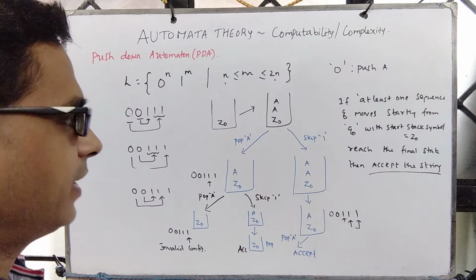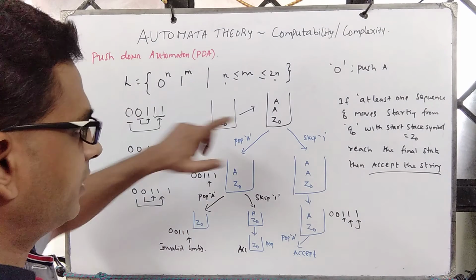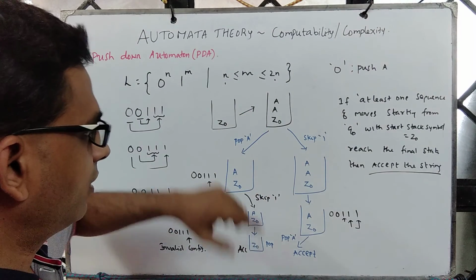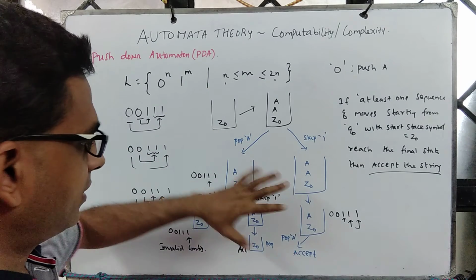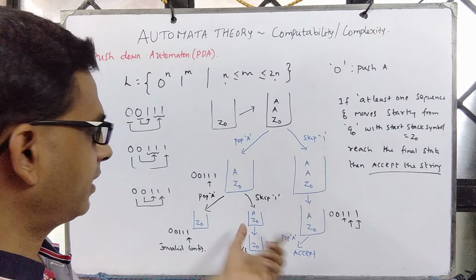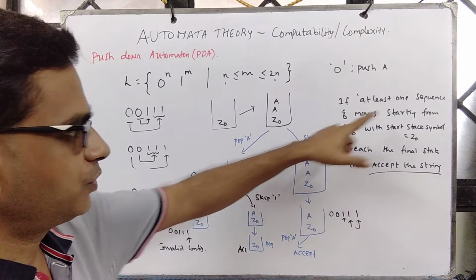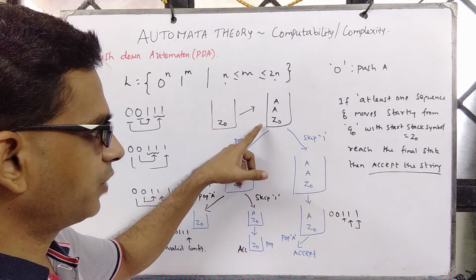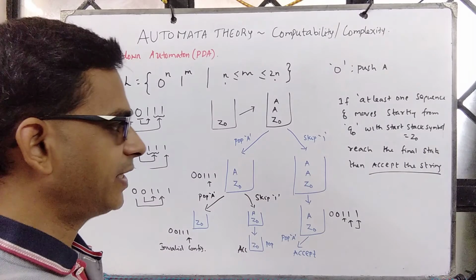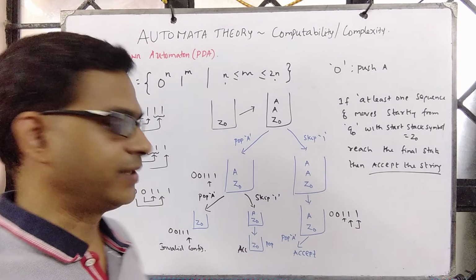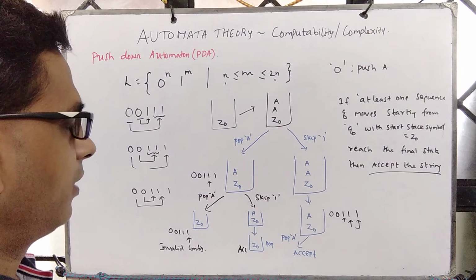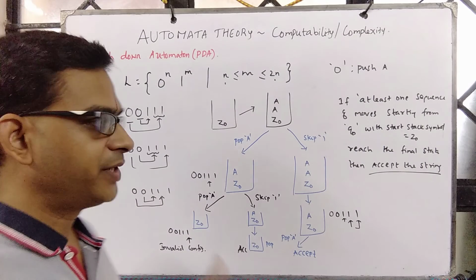Means it's a valid string. In this there are three branches, two of them are correct and one is invalid, you reject. But there is one sequence, at least one sequence of moves starting from Q0 reaching the final state, you accept the string. Fine. Now let's formally describe.